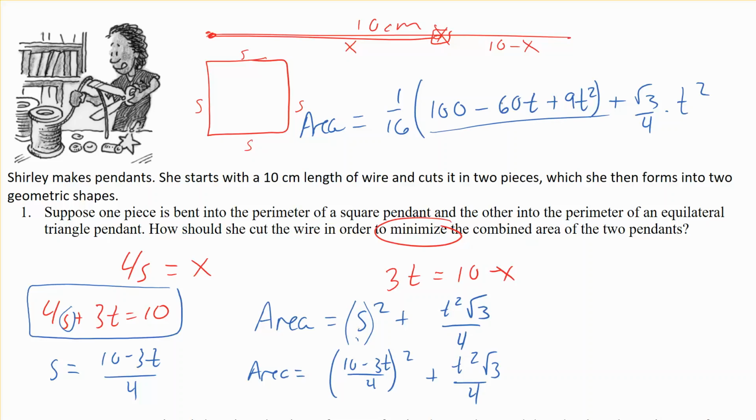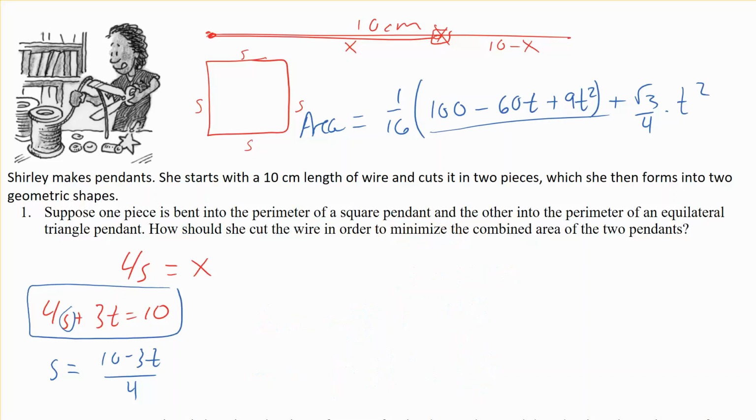This 1/16 can just stay in front. Then the derivative of the inside is negative 60 plus 18t plus 2 times root 3 over 4, which is root 3 over 2 t. We're going to set that equal to 0 and start solving.